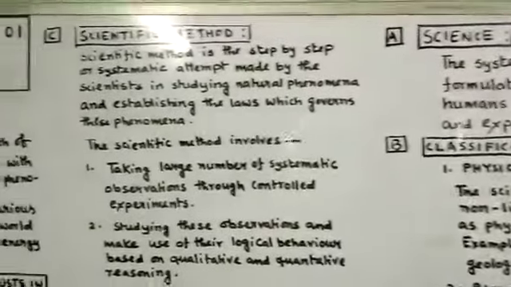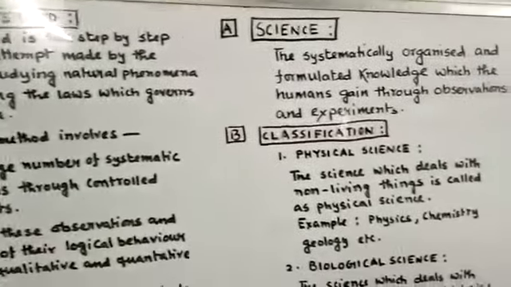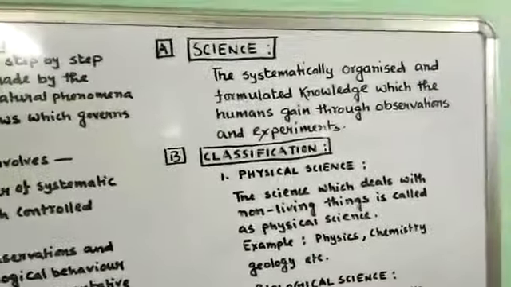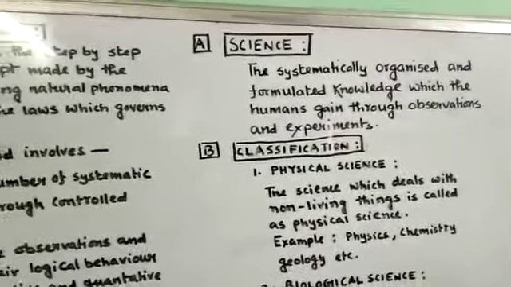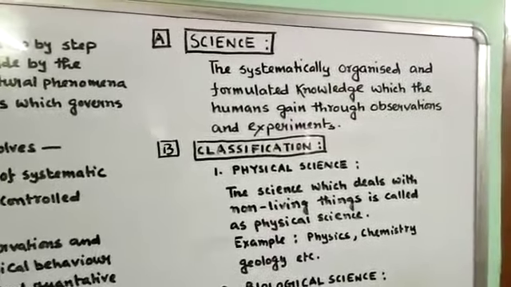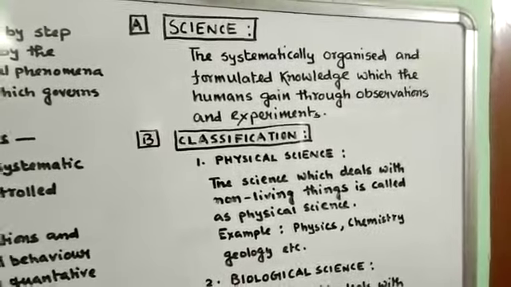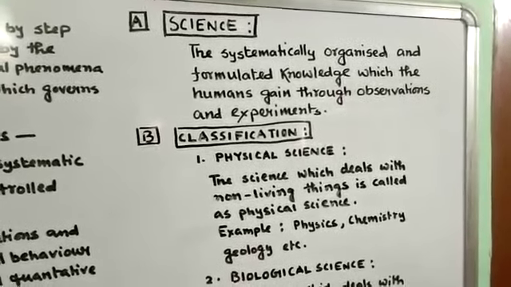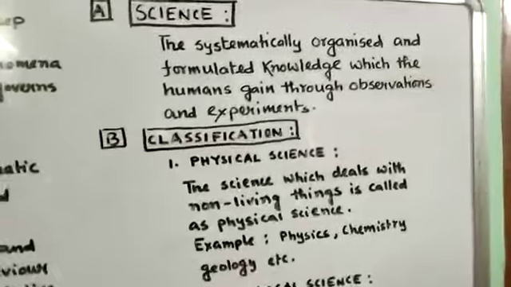Before studying what physics is, physics is basically a branch of science. So let me discuss a little bit about science. What is science? As per the definition, it is the systematically organized and formulated knowledge which humans gain through observation and experiment.